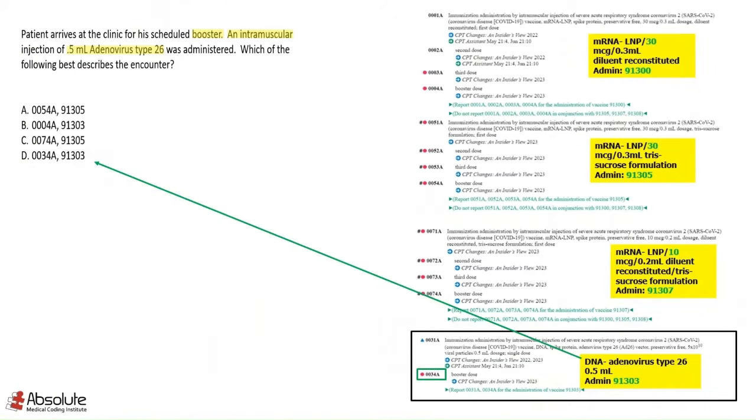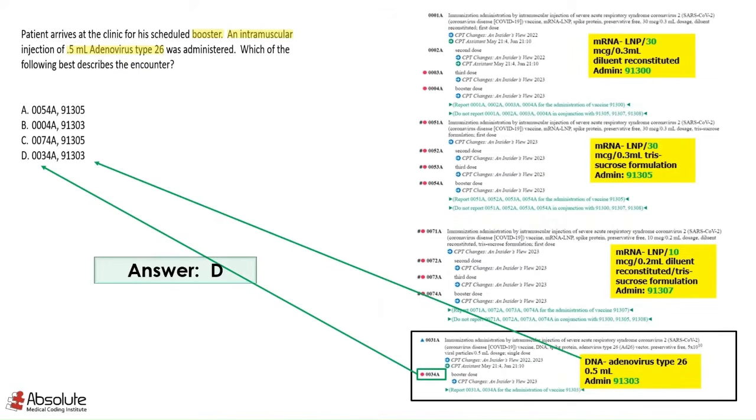This is coding for immunization administration intramuscular of severe acute respiratory syndrome coronavirus 2 vaccine, DNA, spike protein, adenovirus type 26 vector, preservative free, and that is for a booster dose, and the patient came for a booster dose as well. So exactly matching the keywords, the correct answer is going to be 0034A, and we also have to give the admin code. That would be 91303. This helps us eliminate options A, B, and C straight away. As simple as that.